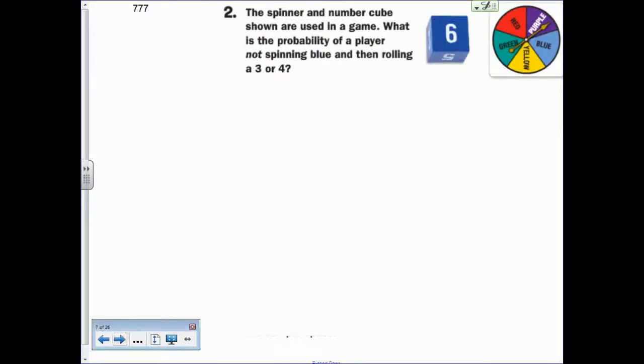Take a look at example 2. The spinner and the number cube shown are used in a game. What is the probability of a player not spinning blue and then rolling a 3 or 4? So we want to find the probability of not blue, then 3 or 4.